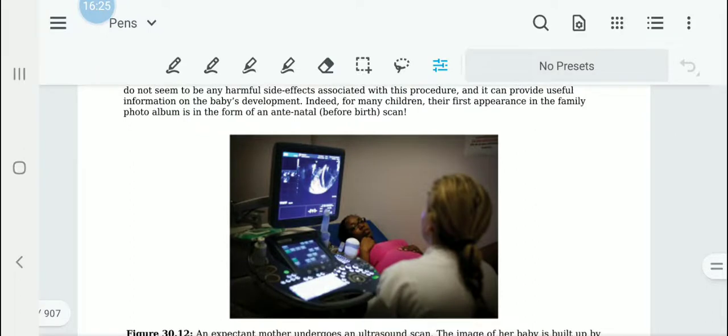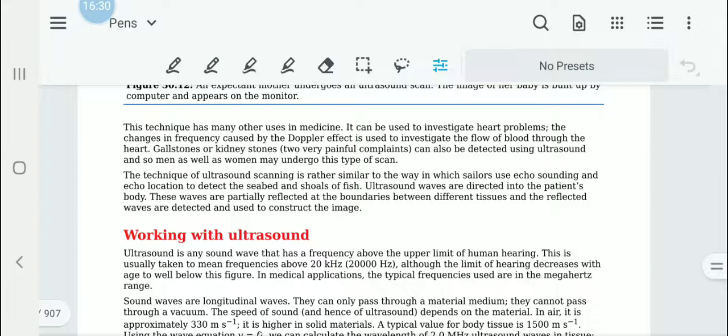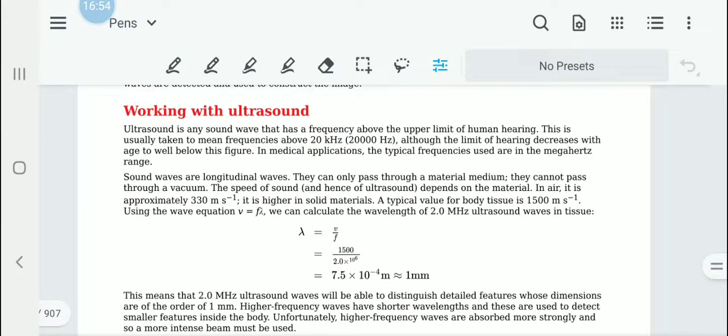Write down: using ultrasound, an image can be created by sending ultrasound waves through the human body and detecting what is reflected. Ultrasound means above human hearing capacity, that is above 20 kilohertz.